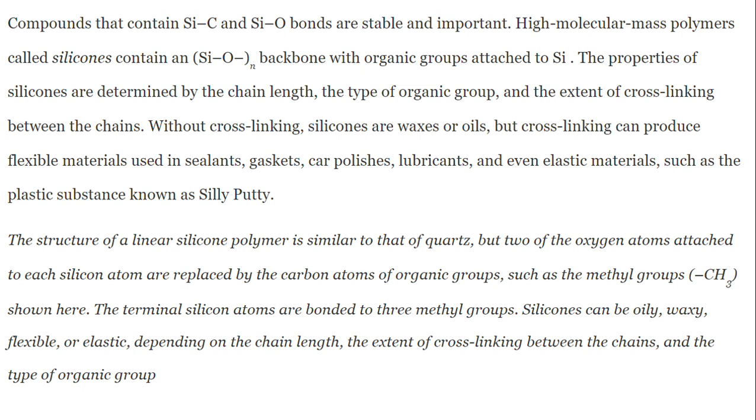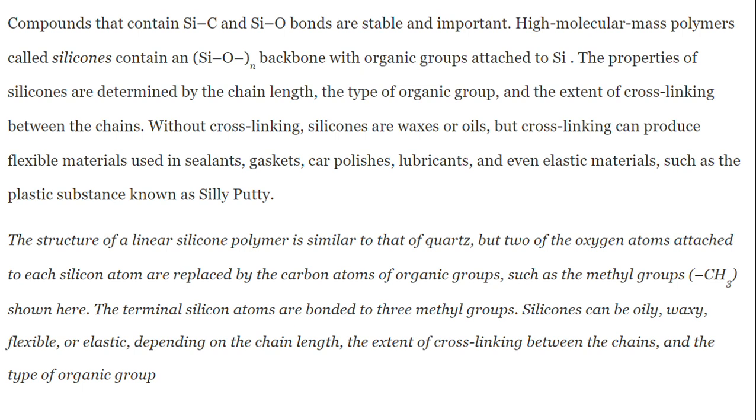The structure of a linear silicone polymer is similar to that of quartz, but when two of the oxygen atoms attached to each silicon atom are replaced by the carbon atoms of the organic groups, such as the methyl groups. As shown in the figure, the terminal silicon atoms are bonded to three methyl groups.